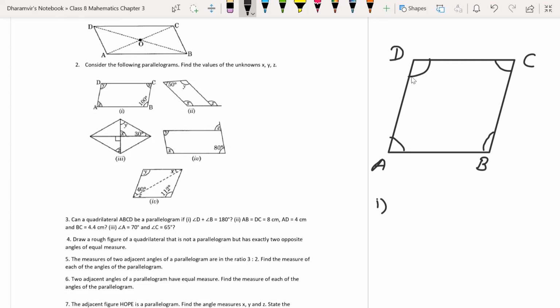So using the angle sum property of a quadrilateral, angle A plus angle B plus angle C plus angle D is equal to 180 degrees. Oh, sorry, 360 degrees.